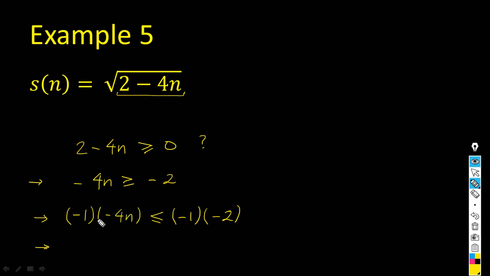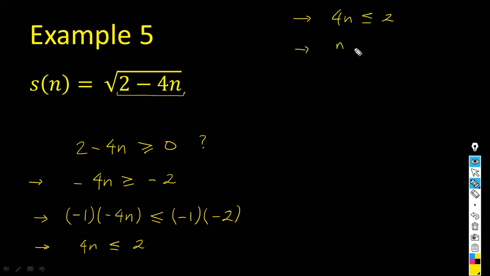Okay, and so now let's do it. Minus 1 times minus 4n is 4n, less or equal than this, which is 2. And let's continue over here. We're going to write the same inequation, and then we divide by 4 on both sides.